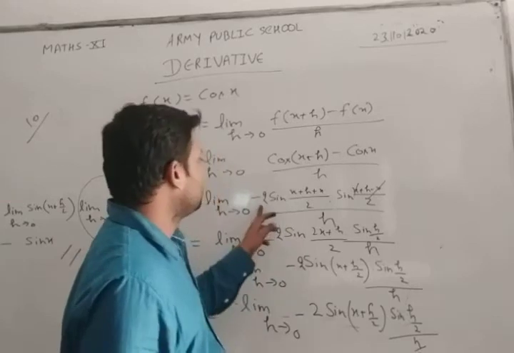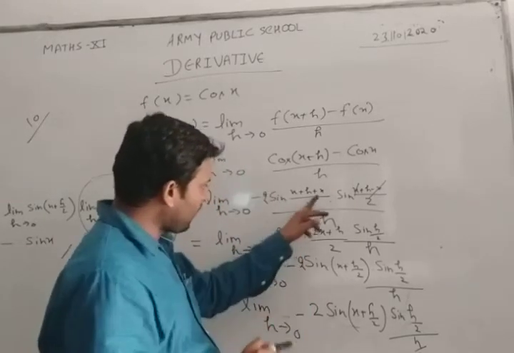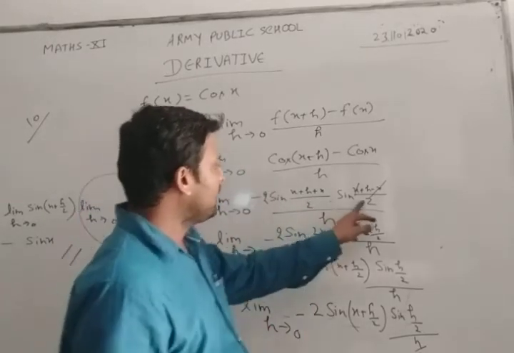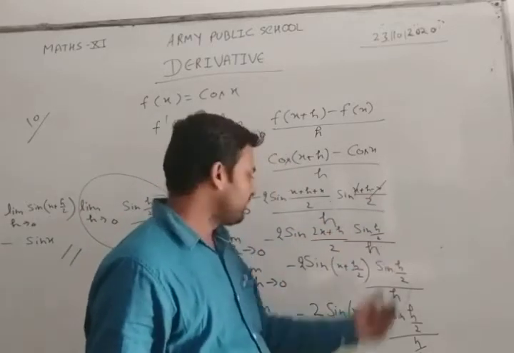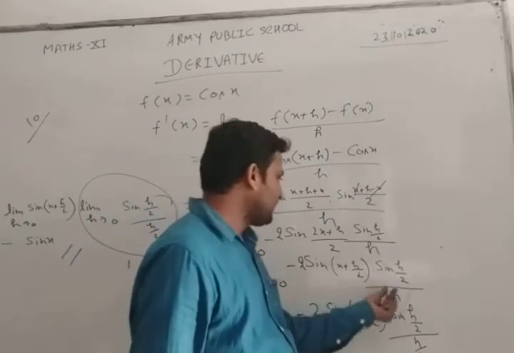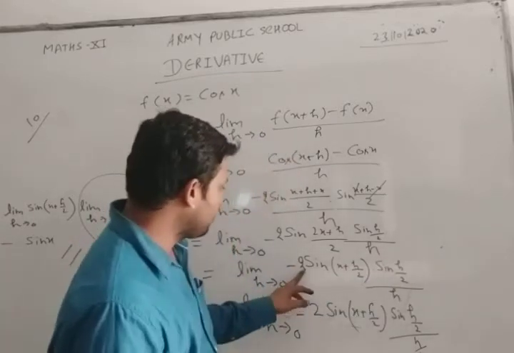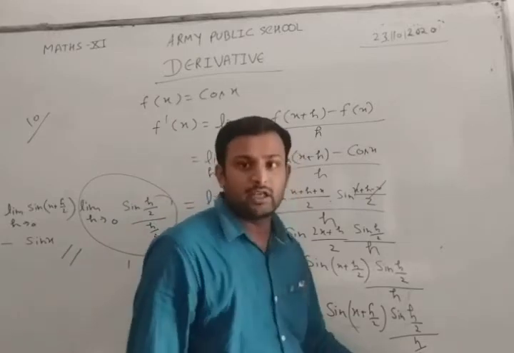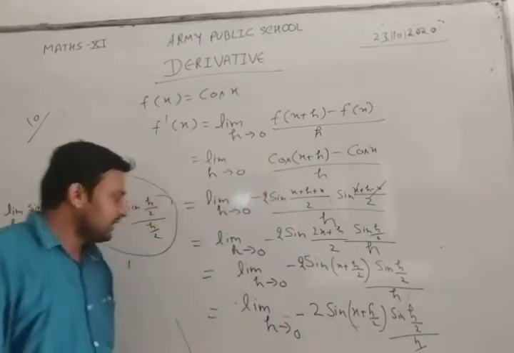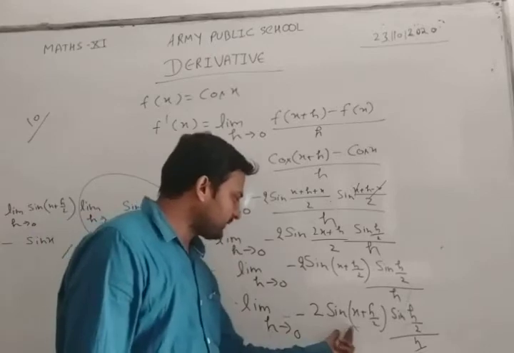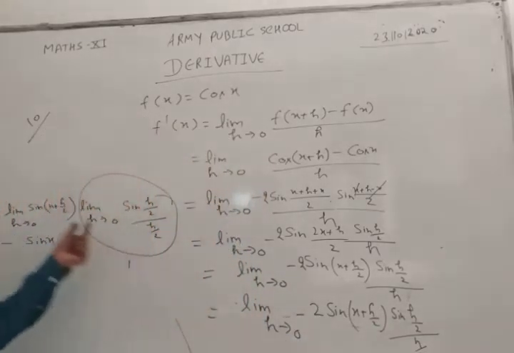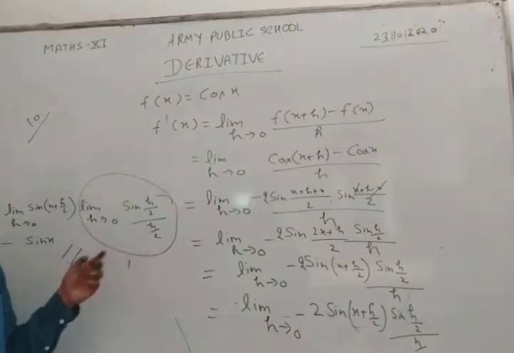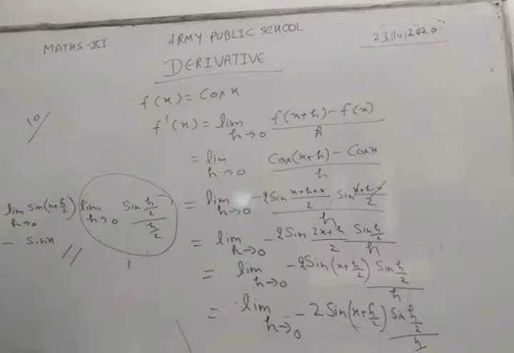After solving we get sin h/2 over h/2, and we take the limit in both functions. This one has value 1 and this will be sin x.